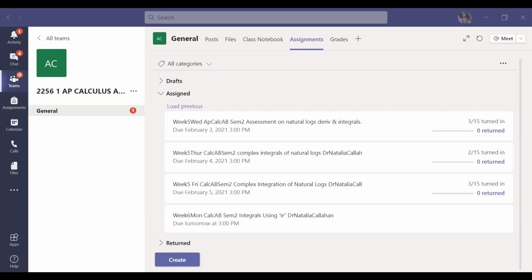F prime times g is going to give me ln x divided by, I want to move that down, negative e to the positive x, plus f, which is right here, times g prime. And that is going to be plus 1 over x times e to the positive x.